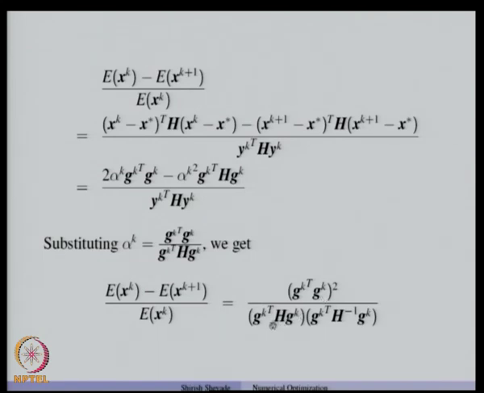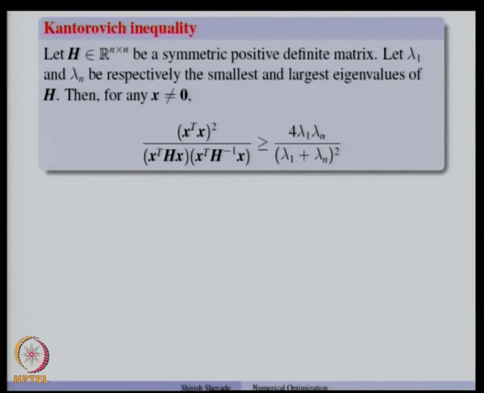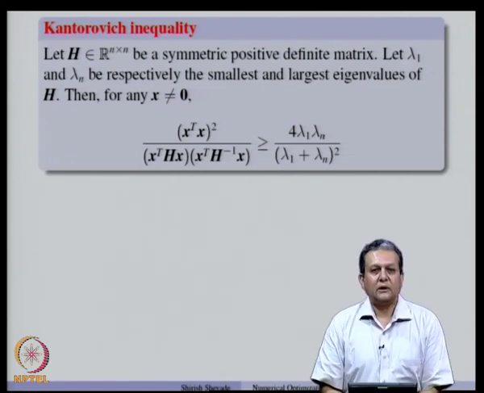Can we get some bound on this which depends on the eigenvalues of H? If we can do that, then we can bound the relative decrease in the objective function. For that purpose we will need what is called the Kantorovich inequality. So, let us look at the Kantorovich inequality.